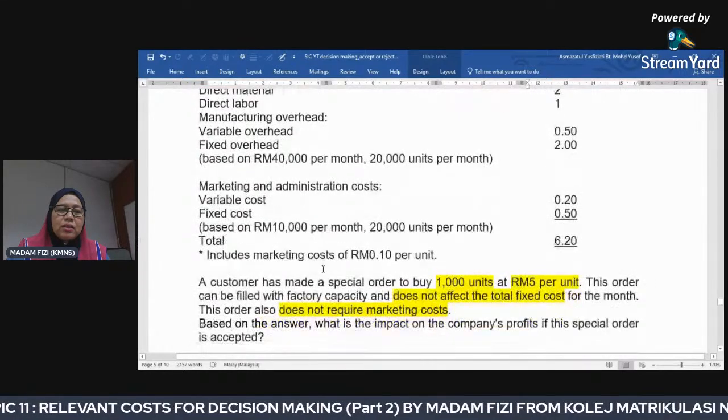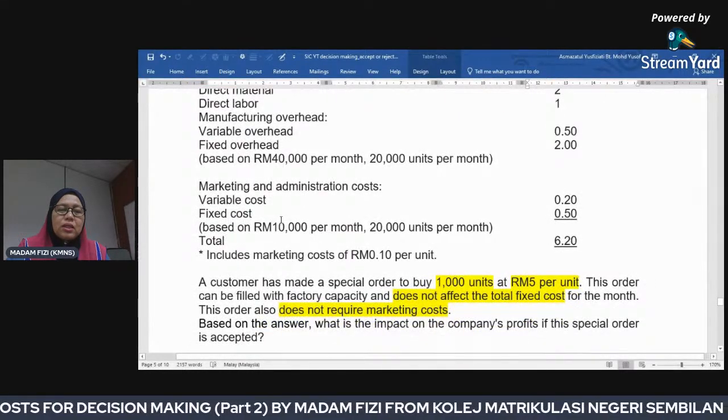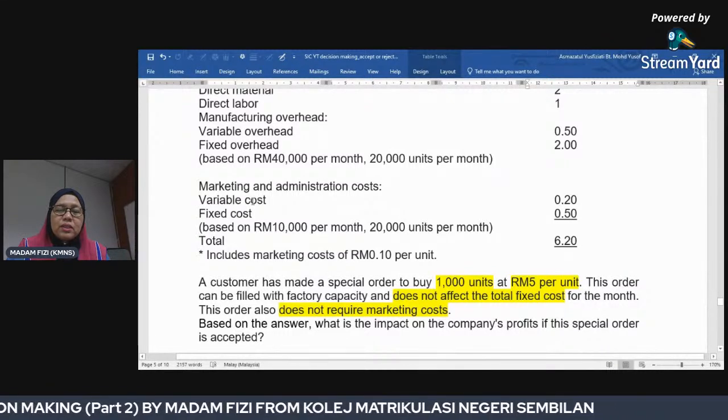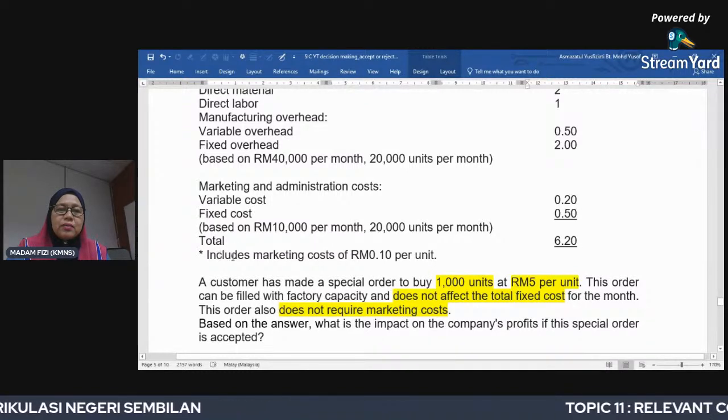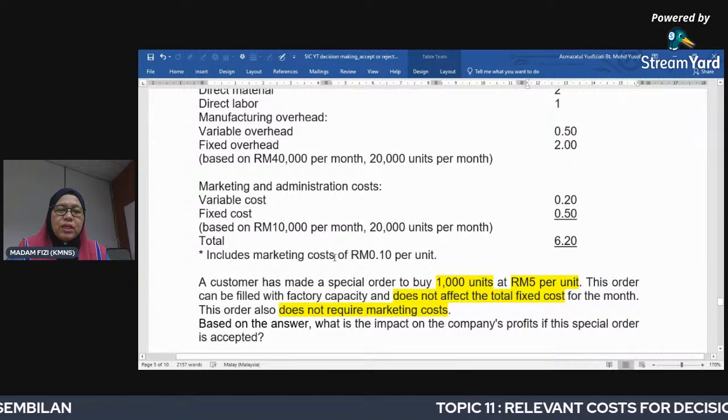And the marketing cost and administration cost: the variable cost is 20 cent, the fixed cost is 50 cent. But the variable cost includes marketing cost of 10 cent per unit.